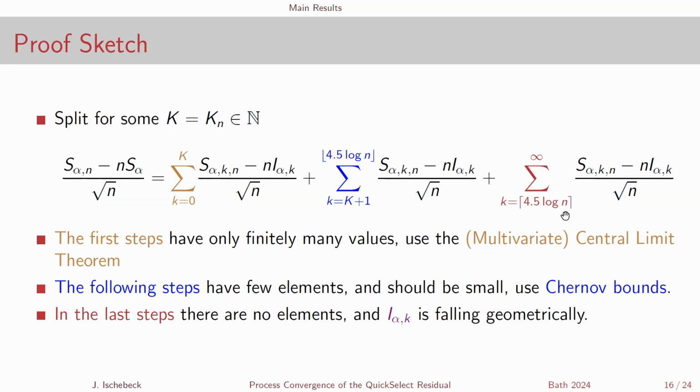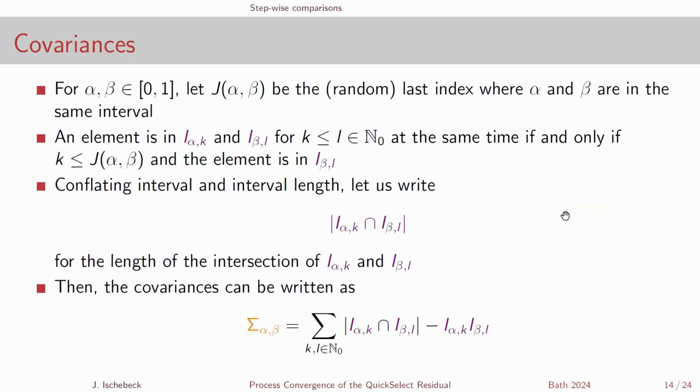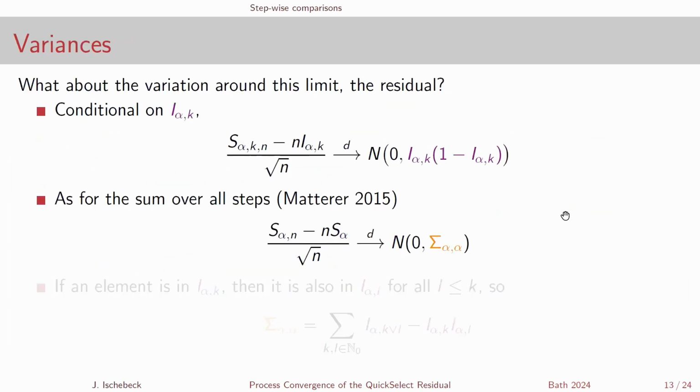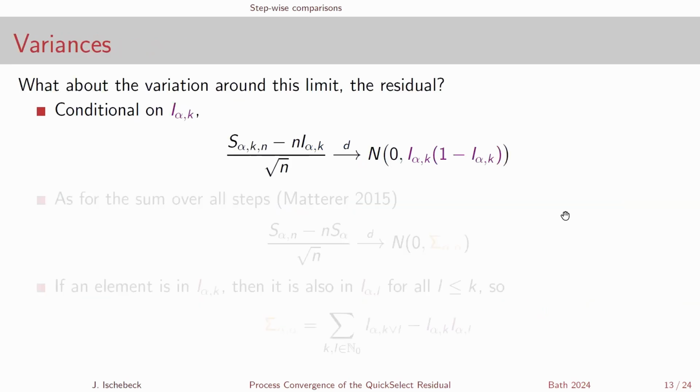So in this case, this limit here is not random. It's just always 2 to the minus k. And this was already done before for these kinds of algorithms.